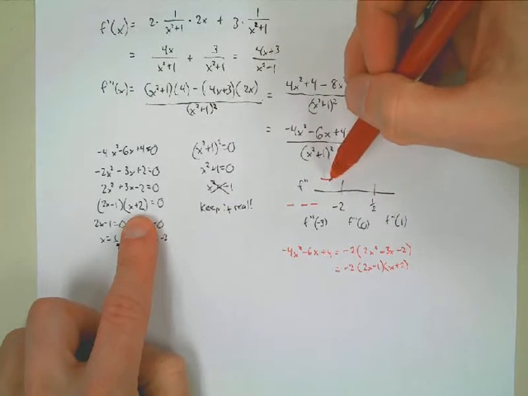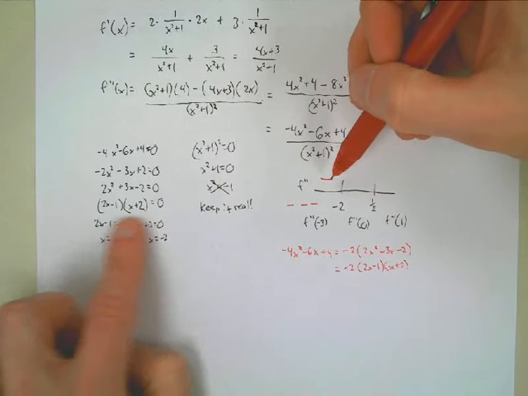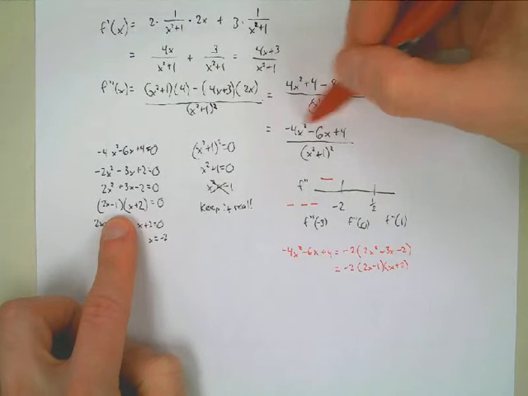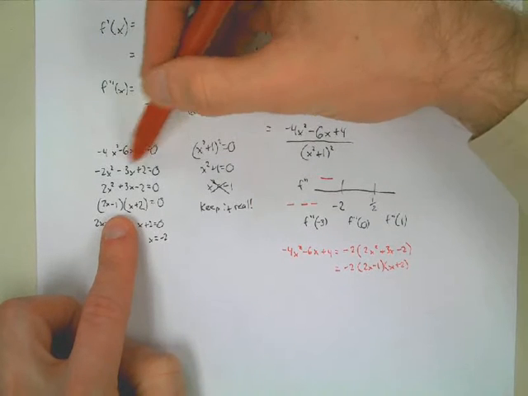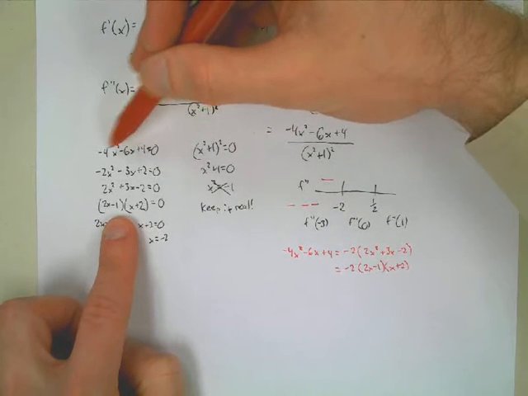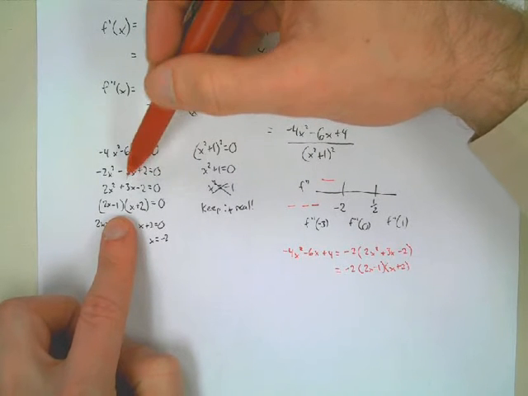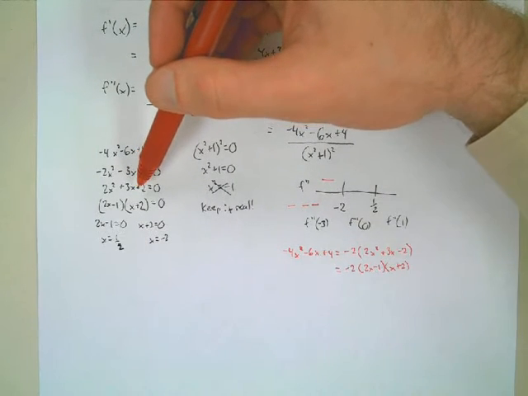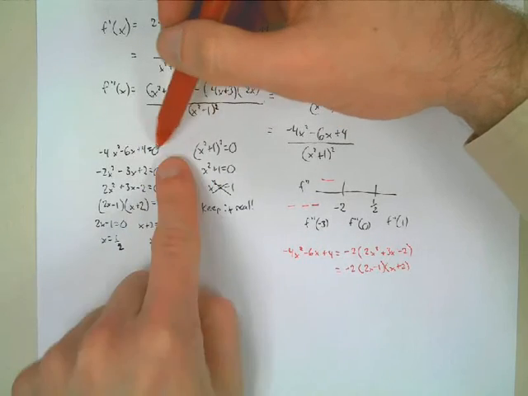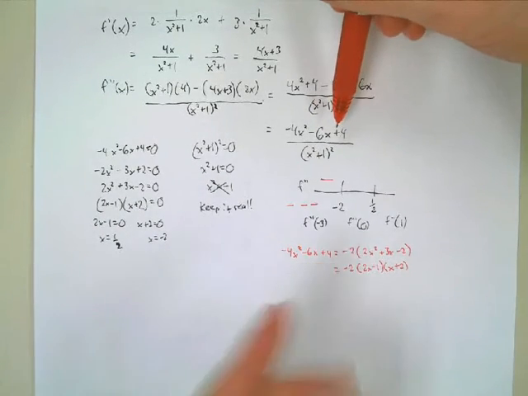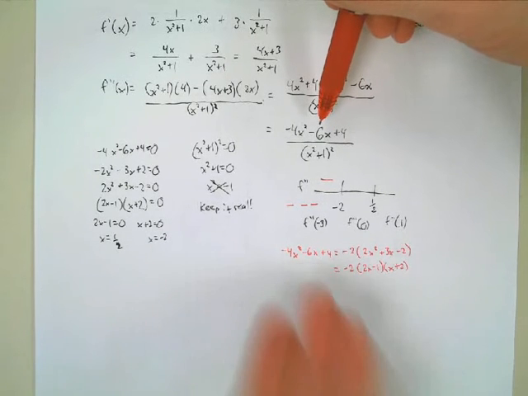But this thing right here is not equal to the numerator of my derivative, right? What I did here is I first divided this thing through by 2 and then divided through by -1. That changed my numerator. It was okay for me to do that here because it was equal to 0, but when I'm not setting it equal to 0 here, I want to know what the actual value is, I can't do that.